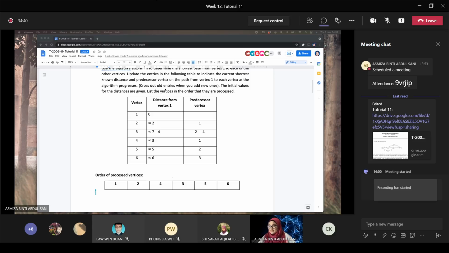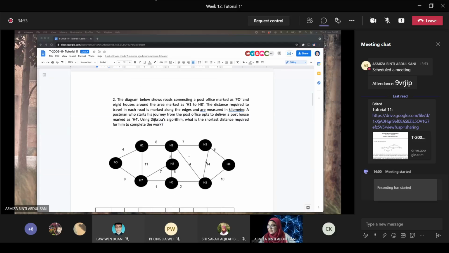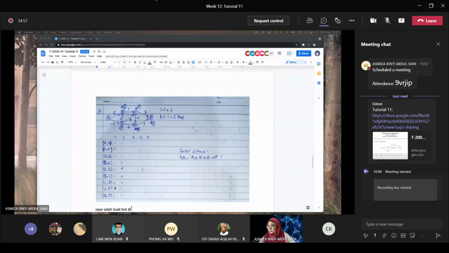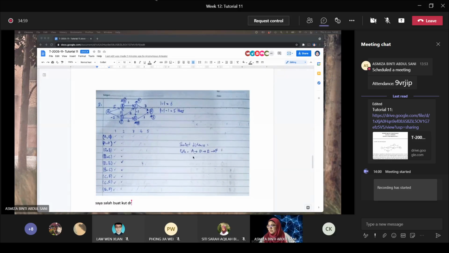So instead of having just one column, you need to do like this for several iterations. I think the way you implemented it, you did not keep track of the path, so that's why you cannot get the final path here, right?